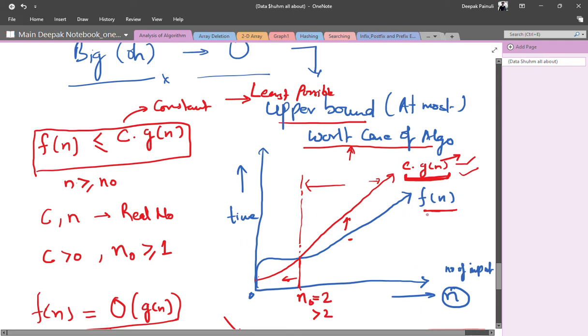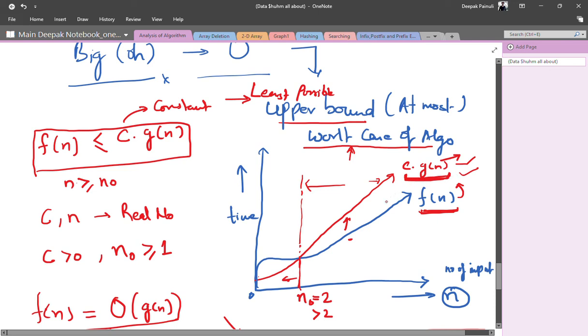Let us say our algorithm's original function is fn. So we need to find a function which tries to upper bound this function, such that that will be the worst case of that algorithm.